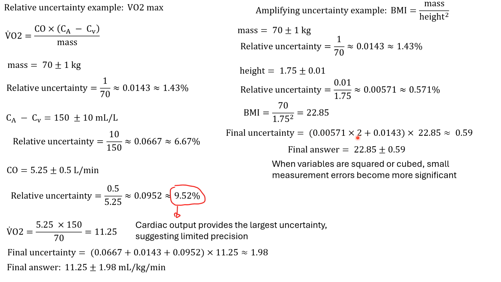So multiplied by 2, 0.00571 times 2 plus the other relative uncertainty times the final value gives you this. Now, when the variables are squared or cubed, small measurement errors become more significant. Because as you can see, because we multiplied by 2 here, the uncertainty is going to be larger at the end.